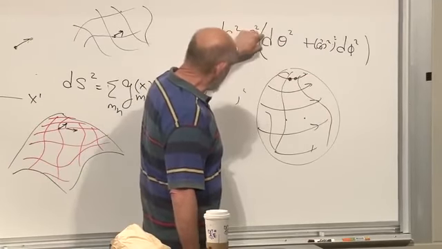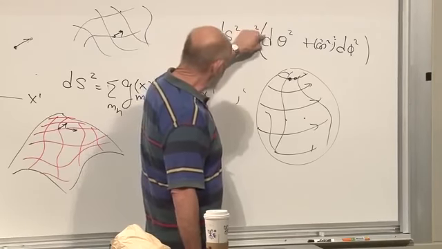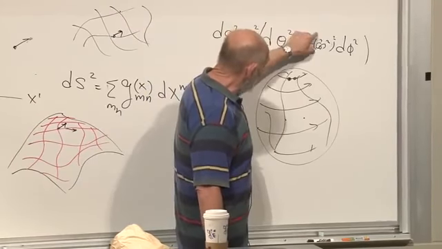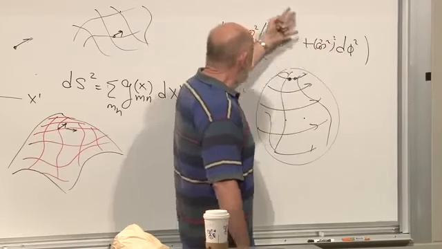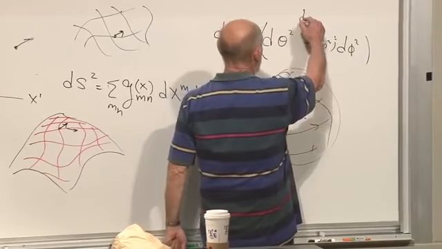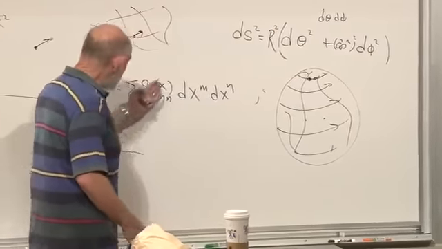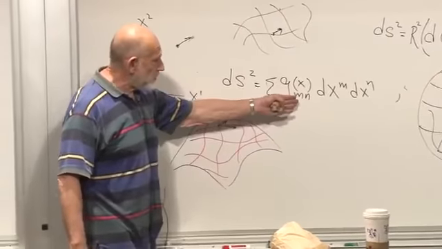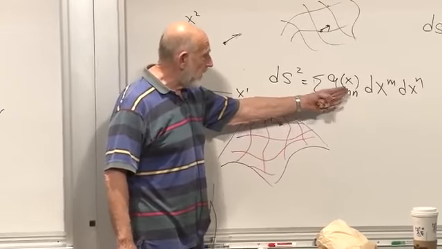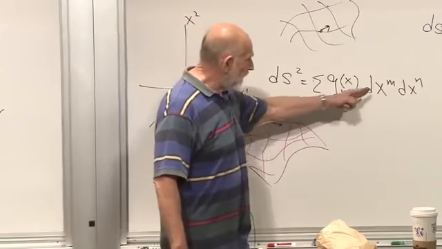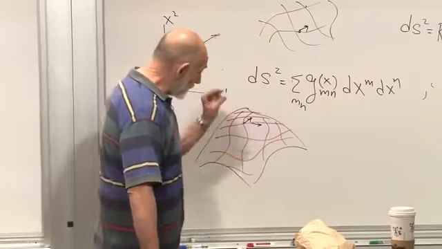There might be a function in front of d theta squared, a function in front of d phi squared, and there may also be a d theta d phi term. All those possibilities are included by saying there's a general matrix here, an m by n matrix, which multiplies the differentials.